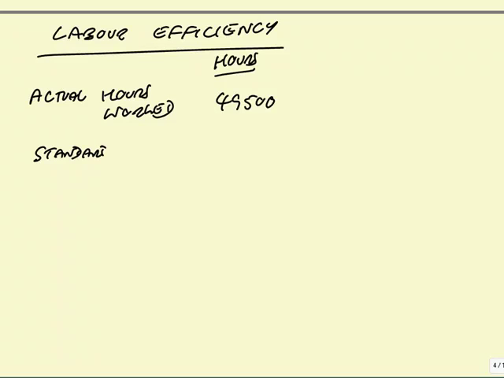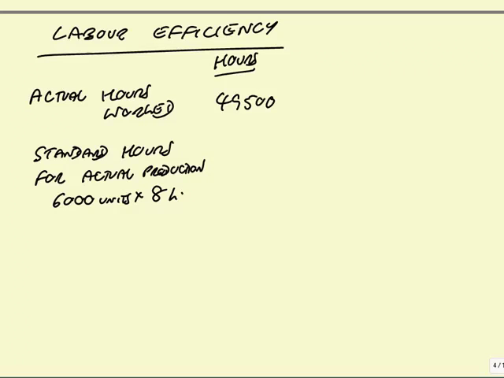We actually produced 6,000. How many hours should each unit have taken? From the cost card, it should have taken 8 hours a unit. And therefore we should have worked 48,000 hours. We took 49,500. The difference, 1,500 hours.